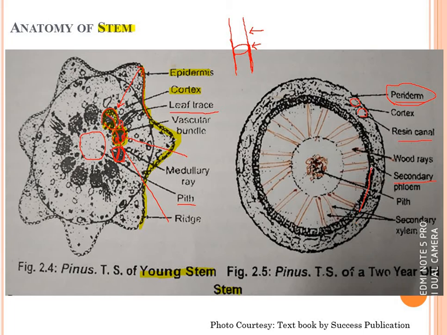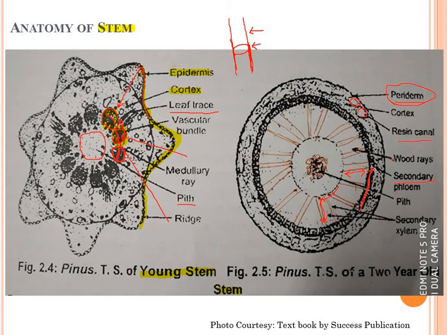See, this is the secondary phloem toward the outside, while this inner portion is made up of secondary xylem. Generally, the cambium adds more secondary xylem than secondary phloem.